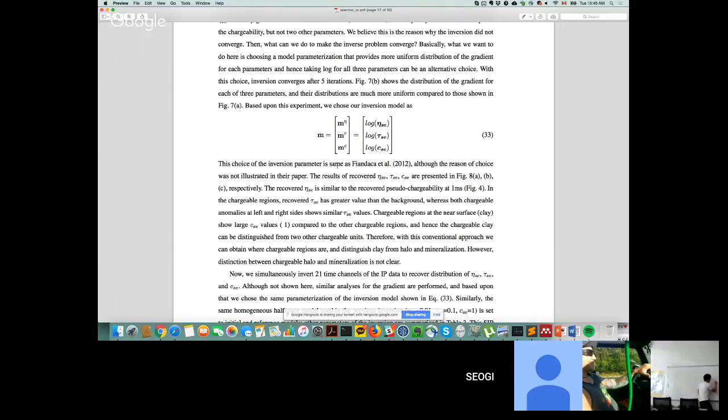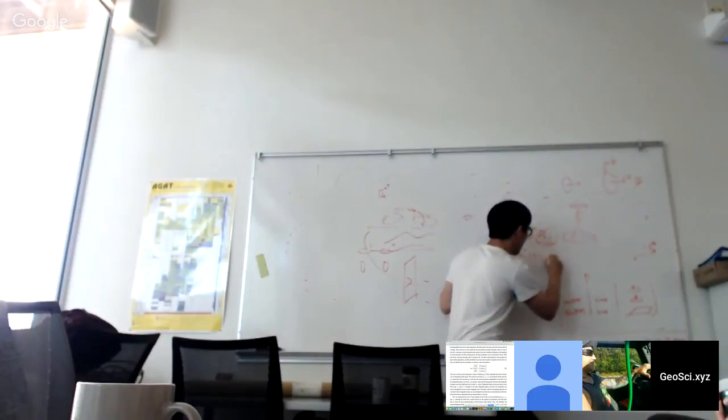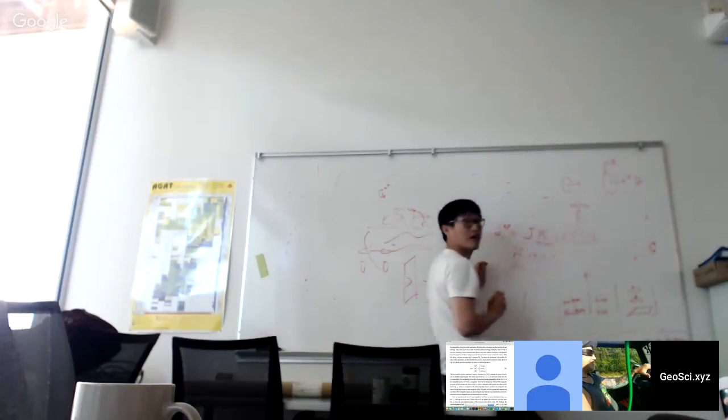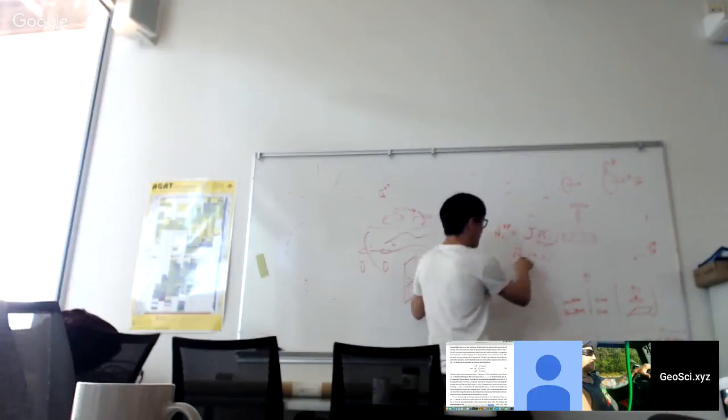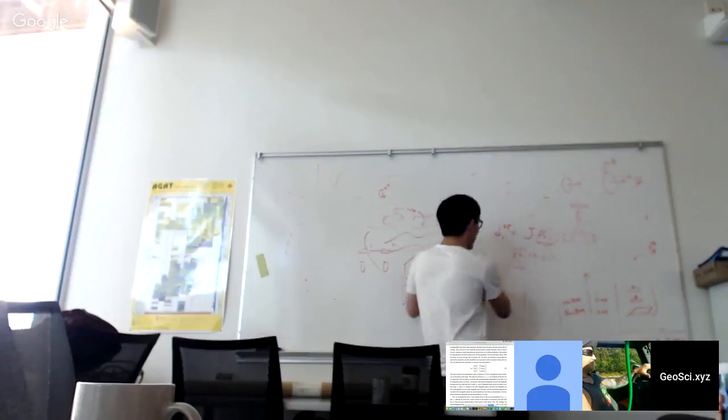So what you're recovering is this: you're going to get eta at the first time channel, but in 3D or 2D. Then I'm going to pick a single pixel. Let's say I've got a j pixel here.